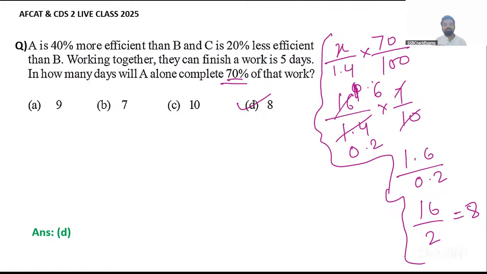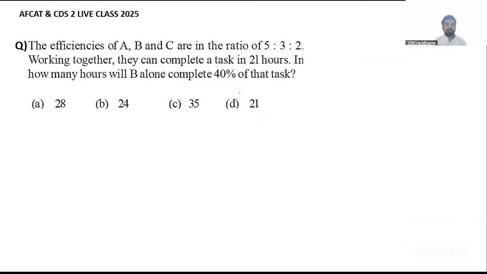All right. So now let's move on to our next question. The efficiencies of A, B, and C are in the ratio 5:3:2. Working together, they can complete a task in 21 hours.